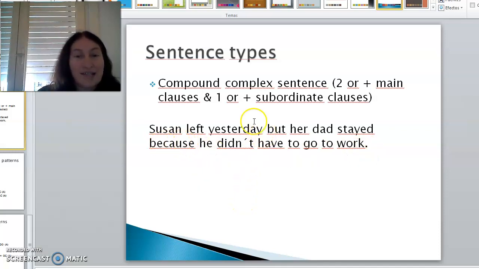Can you see that? "Susan left yesterday," main clause 1, but within main clause 2, within the second part of this sentence, you may find a main clause and a subordinate clause.